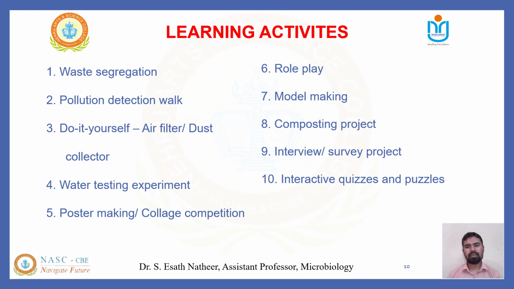A composting project on solid waste management can be done using microorganisms, vermicompost or other technologies. Interview and survey projects can be done, and finally you can do interactive quizzes and puzzles on environmental pollution.